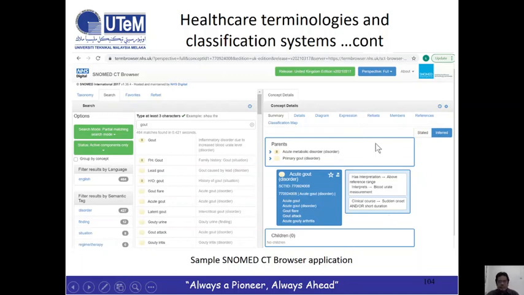They will explain the detail of a certain term, certain disease or complaint. Yeah, they will give a summary, details, diagram, expression, reference set, members, references, classification map. So this SNOMED CT terminology is very comprehensive.